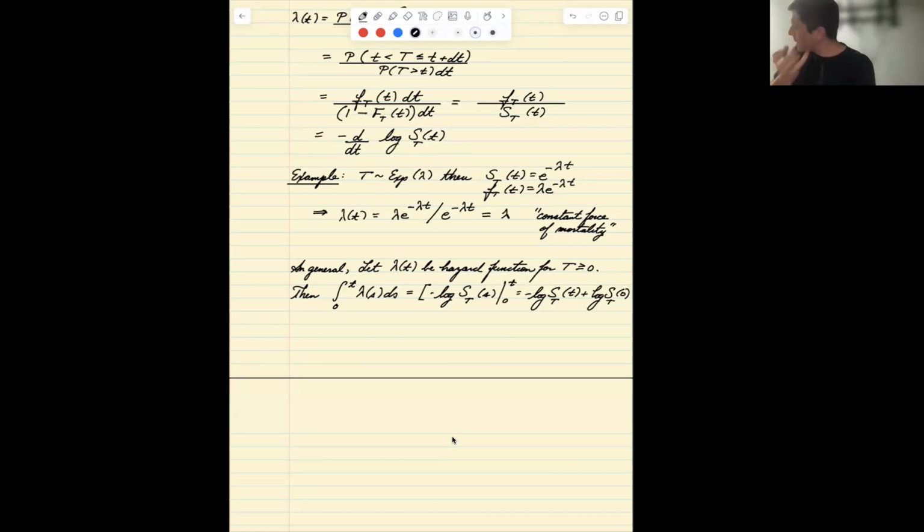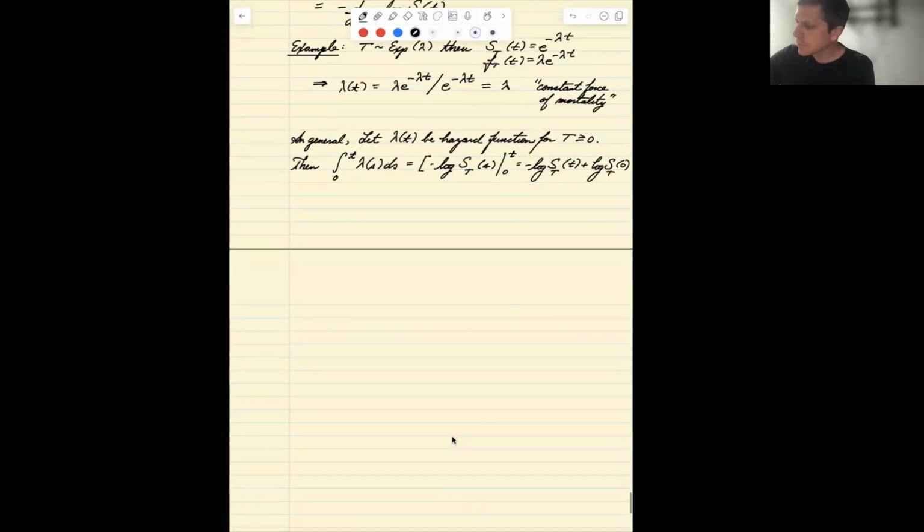Now, what's the log of the survival function at 0? The survival function at 0 is 1, because it's the probability that something that's positive is bigger than 0. The log of 1 is 0, so this is just minus log S of t.